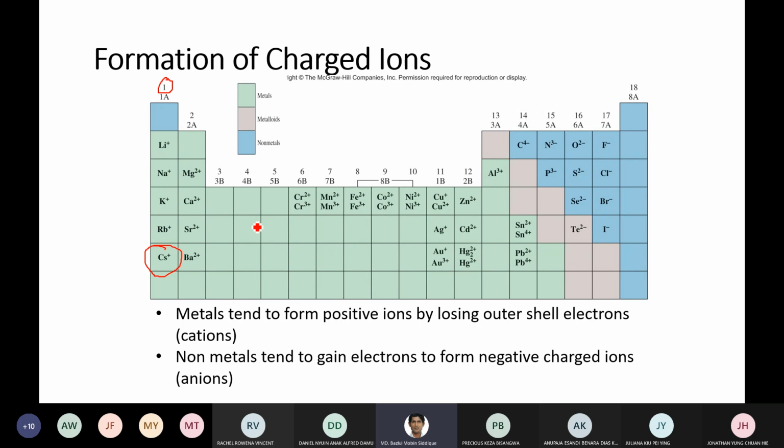Group 2 will produce a 2 charge state, but the metals in the d block have multiple different charges that they can form.